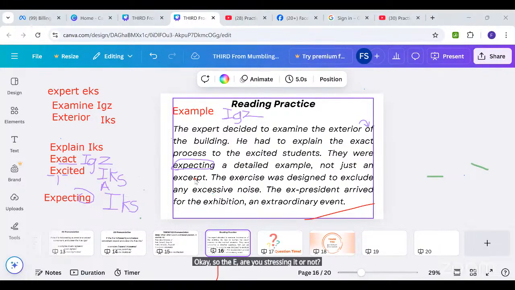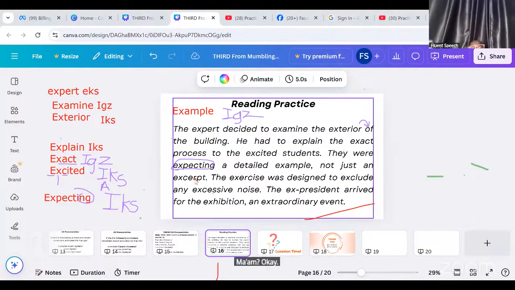I don't think we're stressing it. Excerpt was one of the examples we took. We are stressing it.